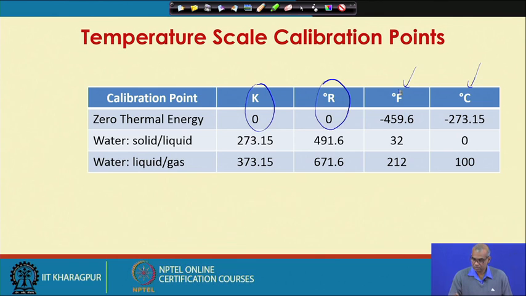We have seen these numbers in the relationship between Kelvin and Celsius and Rankine and Fahrenheit. Similarly, for solid-liquid equilibrium of water, which is basically an ice-water mixture, we know it is 0 degree Celsius and 32 degree Fahrenheit, and Rankine and Kelvin can be found by adding 273.15 or 459.6.